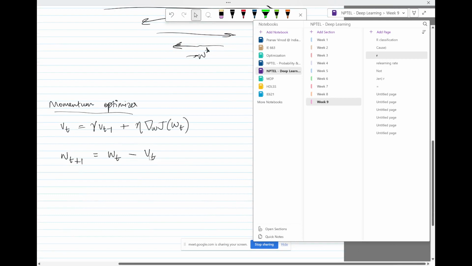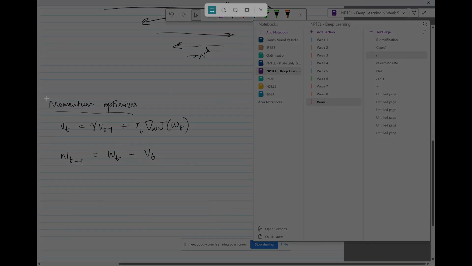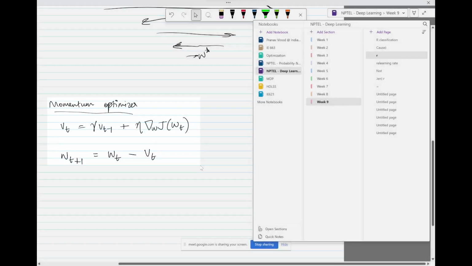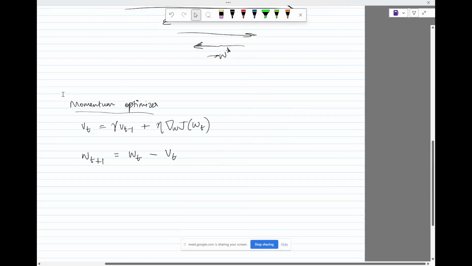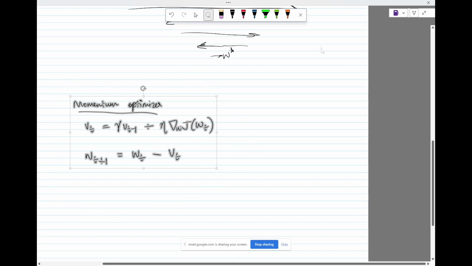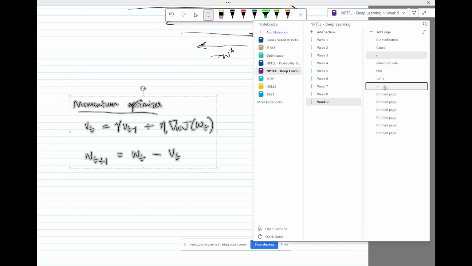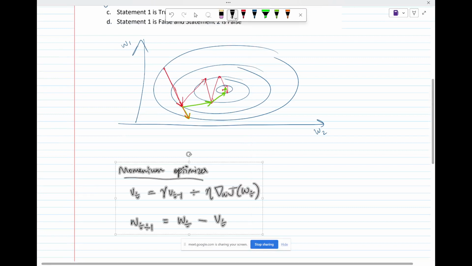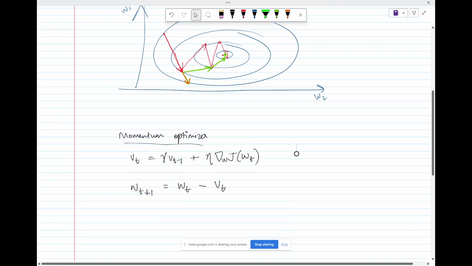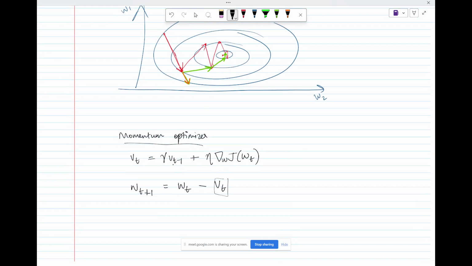This is the momentum optimizer. So if you are looking at this, what you see is, you compute this weight update based on the direction of the previous weight update plus the gradient at the current Wt.